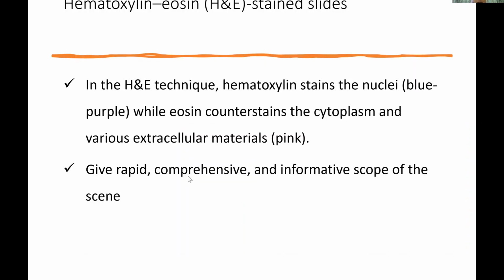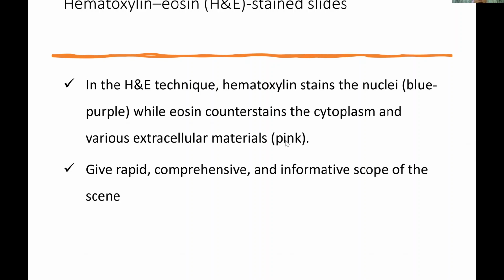This is the first staining after we get the slide. The first staining we do is the hematoxylin and eosin stain, or H&E stain. The H&E stain only has two colors, blue-purple and pink. The blue-purple stains the nucleus, whereas the pink stains the cytoplasm and the extracellular matrix.